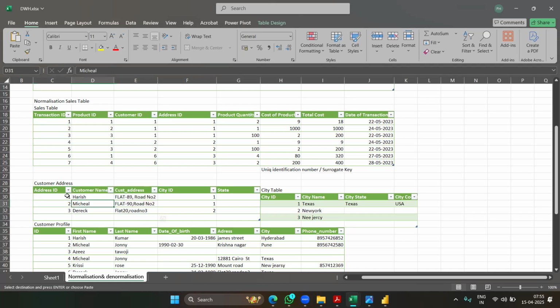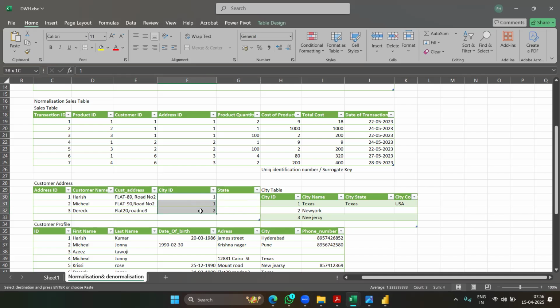Now, within the address table, when you say address, you would be having city, state, and country. Now, is it a wise decision to repeat city Texas, state Texas, and country United States of America for everyone? In a city you would be having 1 million population.